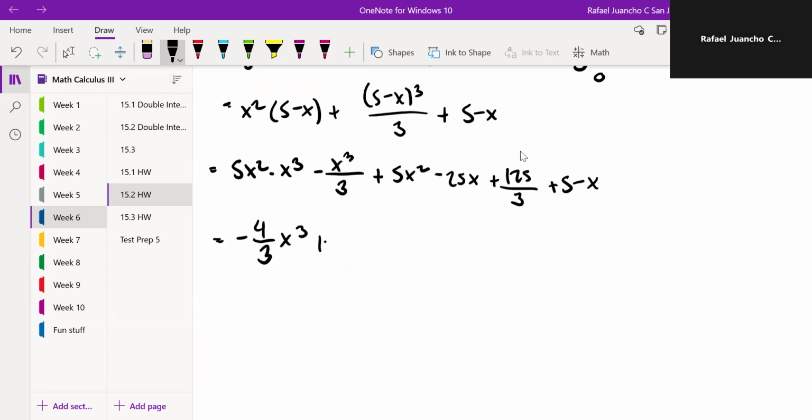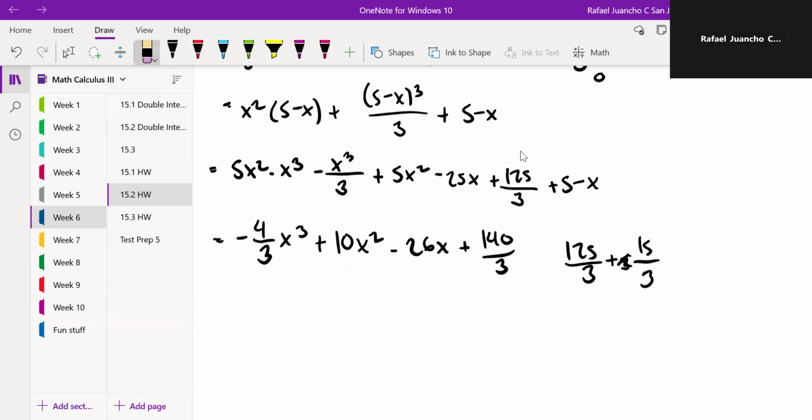Then this one is 10x squared. Minus 25x minus x is minus 26x. Then 125 plus, this thing is just 15 over 3. So 125 plus 15. So I get 140 over 3, right?